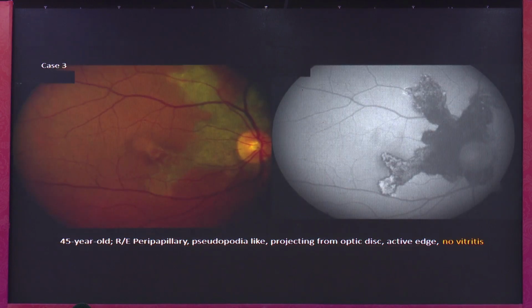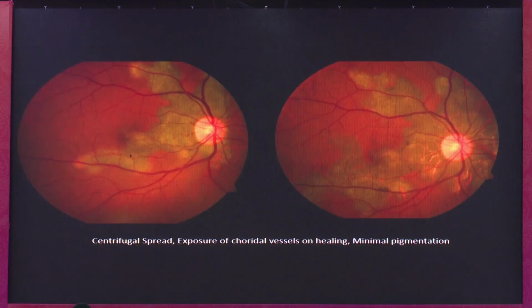Another pattern which we always see is, for example, this is involving the macula for sure, but when you do the autofluorescence, you realize the lesions are peripapillary, finger-like, they have pseudopodia-like projections, they are not multifocal, they are all in continuity, and they are progressing along the edge.